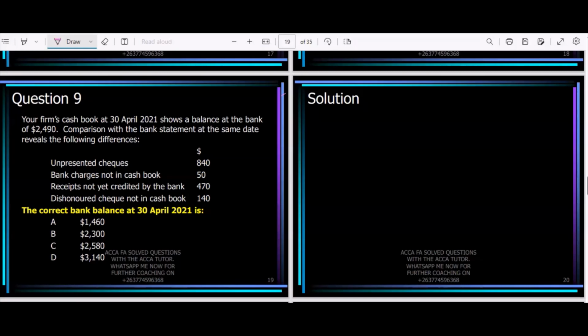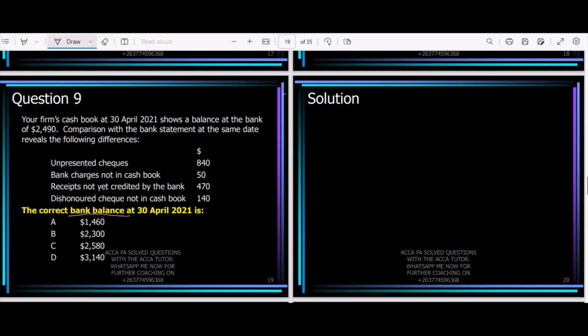So we are having unpresented checks, $840, bank charges not in cash book, $50, receipts not yet credited at the bank, $470, dishonored check not in the cash book, $140. The correct bank balance at 3rd April 2021 is, okay, so you are required to determine the bank balance.